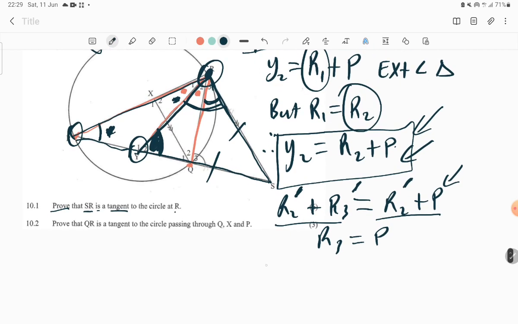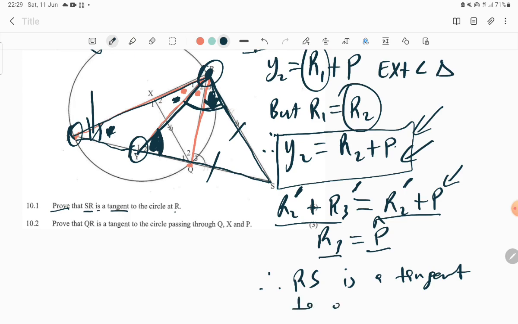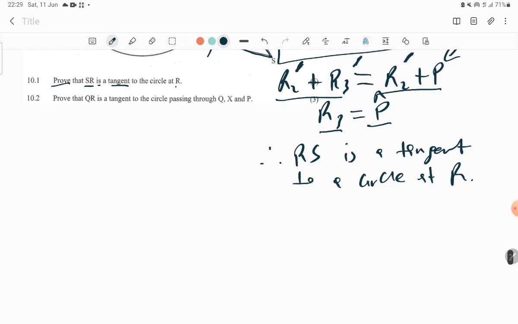So this is what we had to prove: that R3 is equal to P. This is our proof. Therefore, RS is a tangent to the circle at R. Why is it a tangent?